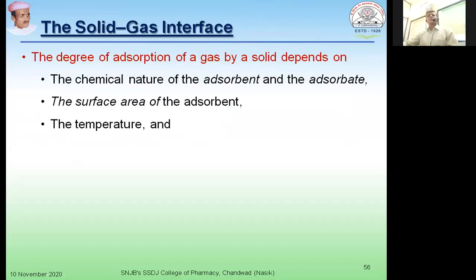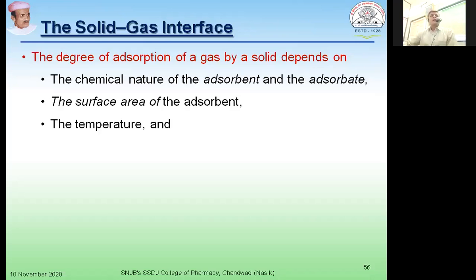Adsorbent is the material that adsorbs the given gas molecules, and adsorbate is the material that gets adsorbed onto the surface of adsorbent. Second important factor that affects degree of adsorption is the surface area of the adsorbent. Higher the surface area, higher will be the adsorption taking place.